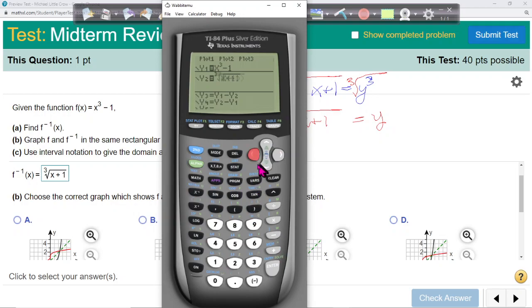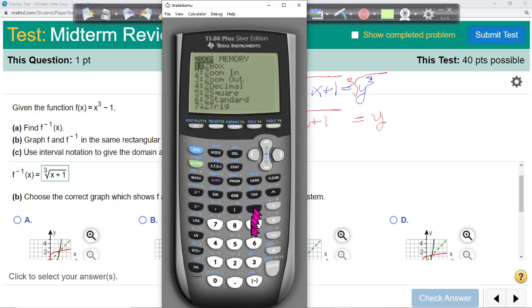Now, if you've got a color system, it works great. Let's see, I might have a problem with this. There we go. So what I'm going to do is I'm going to come over here. So note I've arrowed over to this side, and I'm going to hit enter, and it's going to make this one a thicker line, just so I can see the difference between the two.